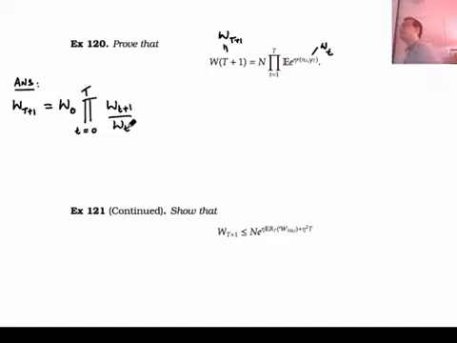Okay? Does everyone agree with me that that's true? Because one term divides out the next term, and then we include it in the next one, and then they cancel out. Okay? Yeah?